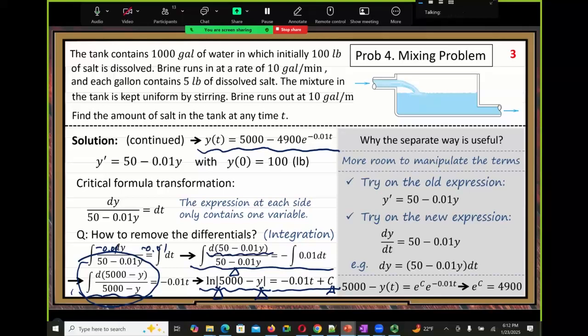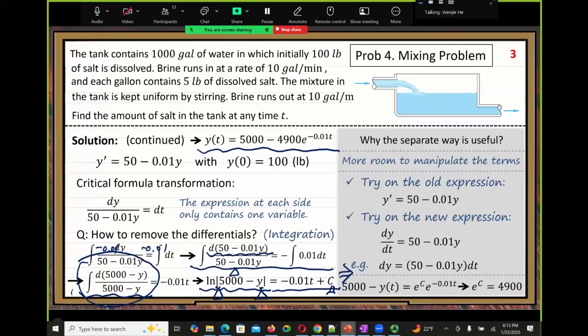So here you can see from that step to this step, we remove it directly. But you need to justify it. Why can you remove it? You need to justify that the whole thing inside the absolute value is positive. Then you can remove it. Otherwise you cannot remove it.